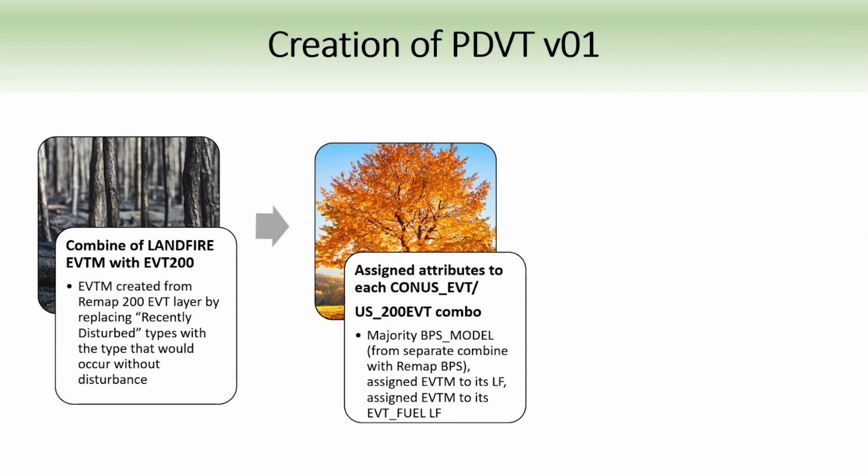And then assigned attributes to each of those combinations. The majority of those attributes inherited from the BPS model, and assigned those areas that are replacing the recently disturbed types to the appropriate existing vegetation type fuel.